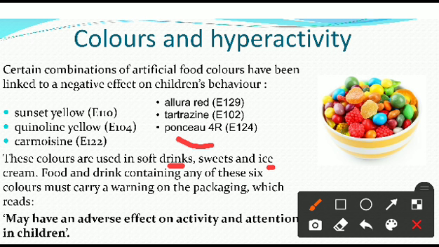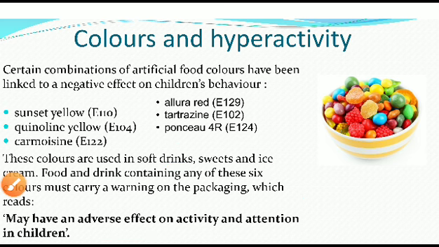Any food or drink containing any of these colors must carry a warning on the packaging which reads: may have an adverse effect on activity and attention in children. That means these are some colors which may show an adverse effect on children.